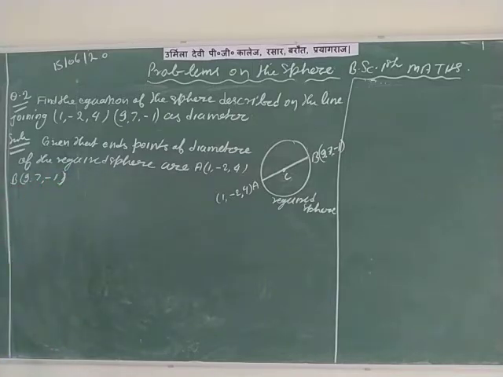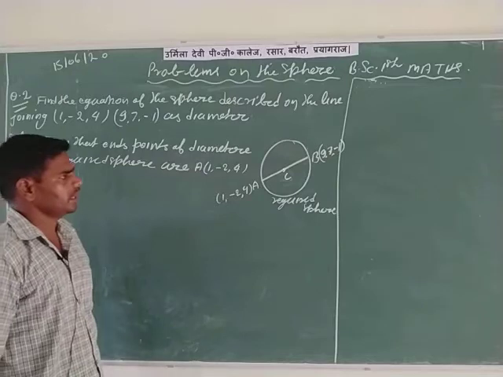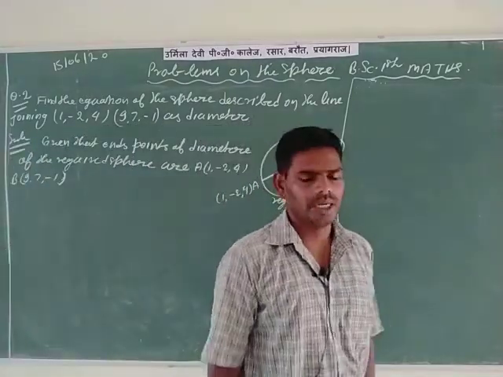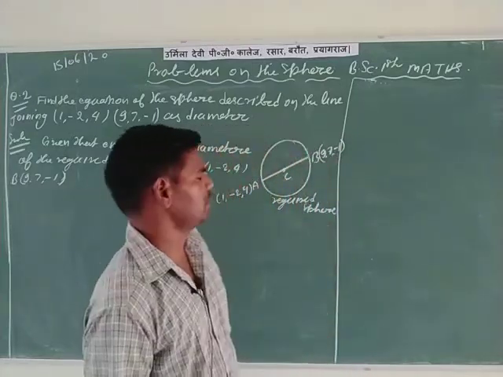So in the question the diameter end coordinates are given, which are represented by point capital A and point capital B.